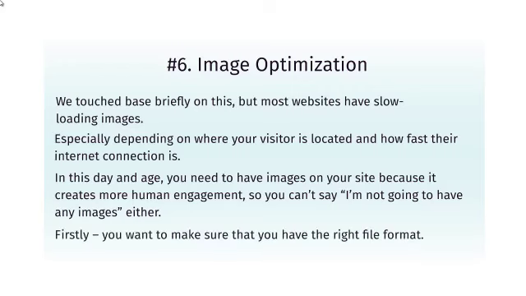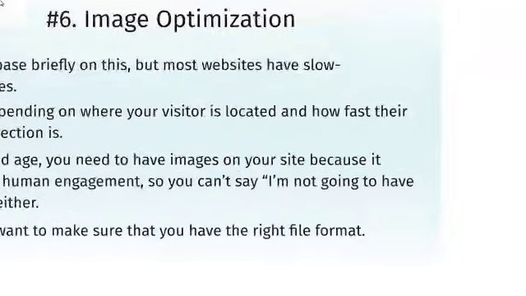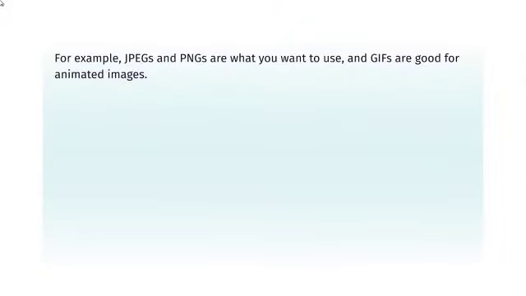So one thing to keep in mind is, firstly, you want to make sure that you have the right file format. JPEGs and PNG files are what you want to use when putting images on your blogs, on your WordPress site, and all that.